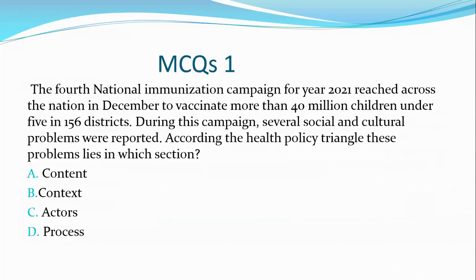Then MCQs. First MCQ. The fourth National Immunization Campaign for the year 2021 reached across the nation in December to vaccinate more than 40 million children under 5 in 156 districts. During this campaign, several social and cultural problems were reported.